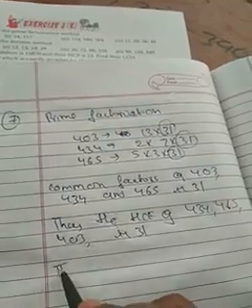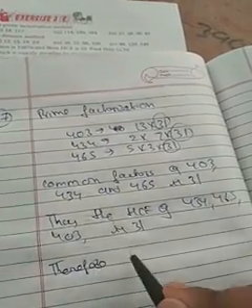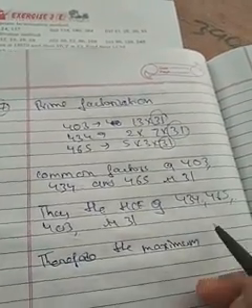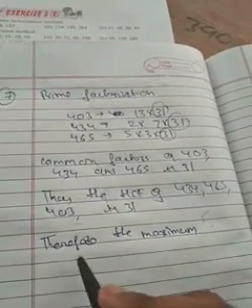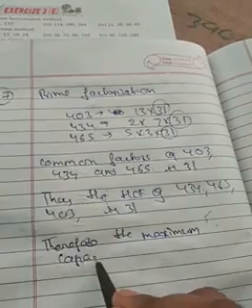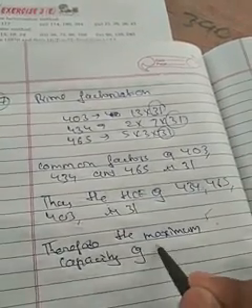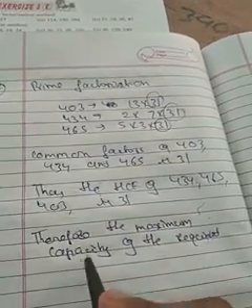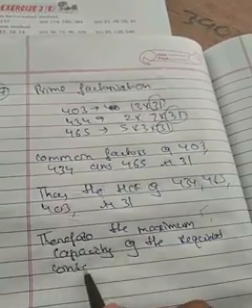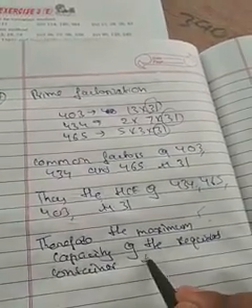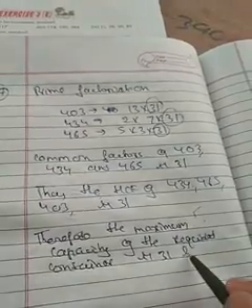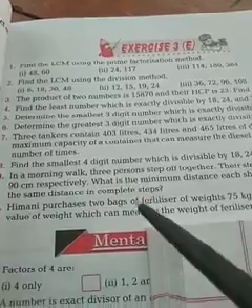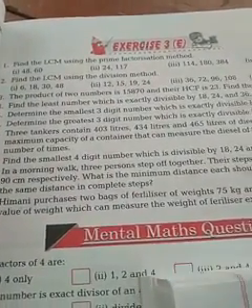Therefore the maximum capacity of the required container is 31 liters. Now the rest of the part you will try at home. Now our exercise 3 is completed.